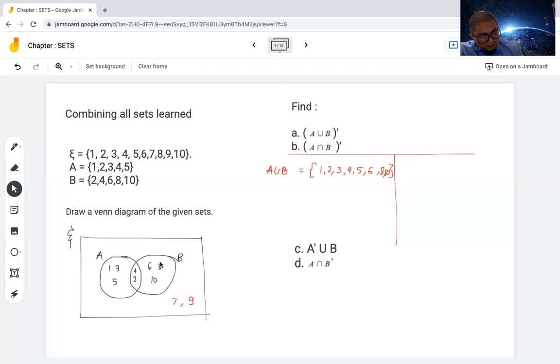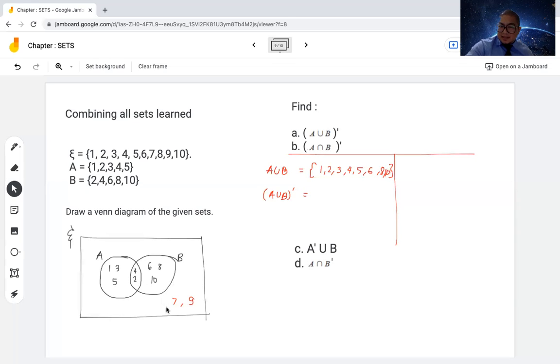However, this is just what is being asked for partially, because in the end, we are looking for the prime, or the complement, of A union B. So you are going to analyze what are the elements that are not in A union B. If this is A union B, what are the elements that are not in there?